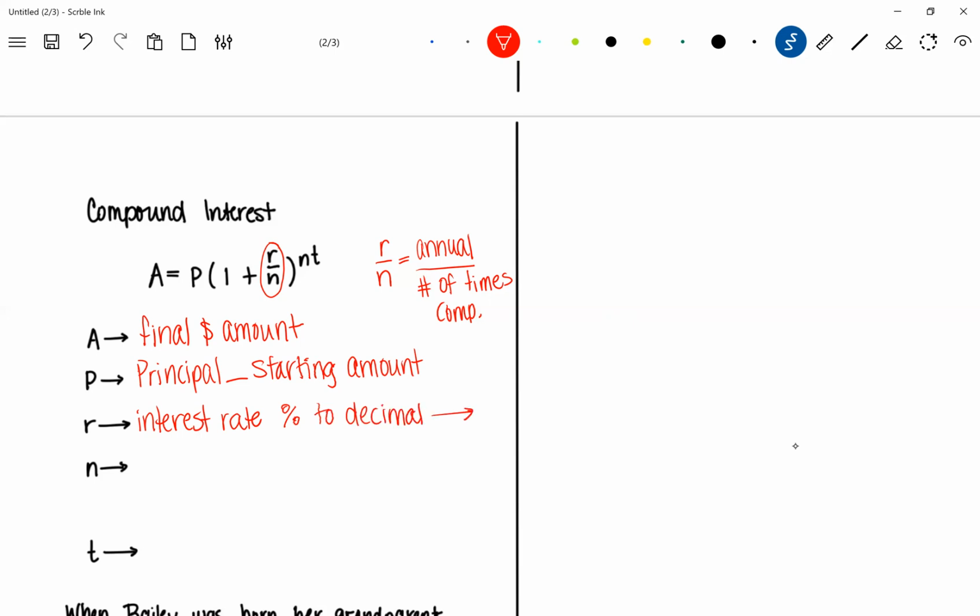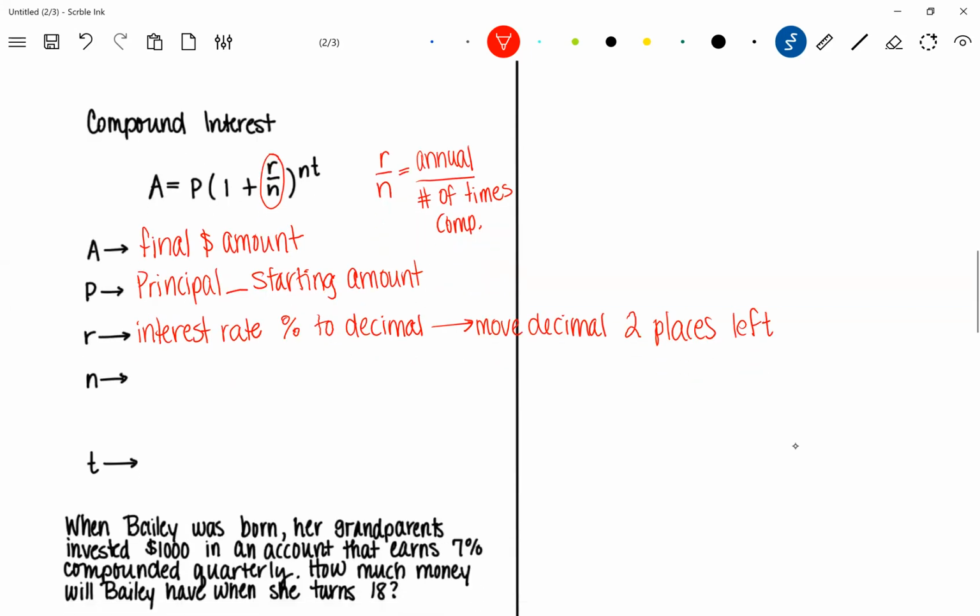That means move the decimal always 2 places to the left. T is the time in years.